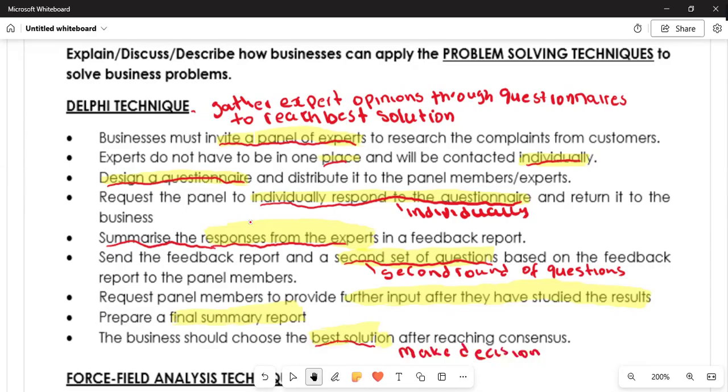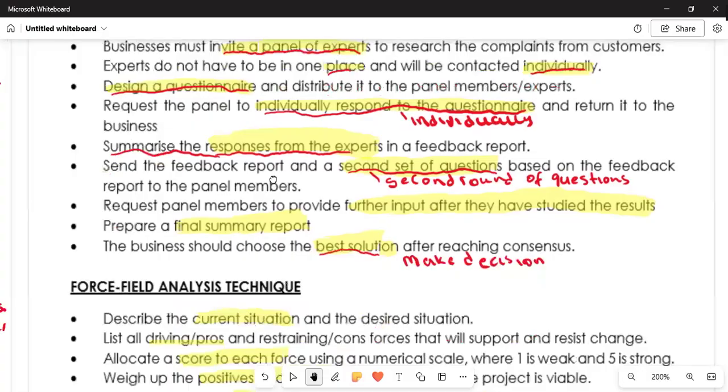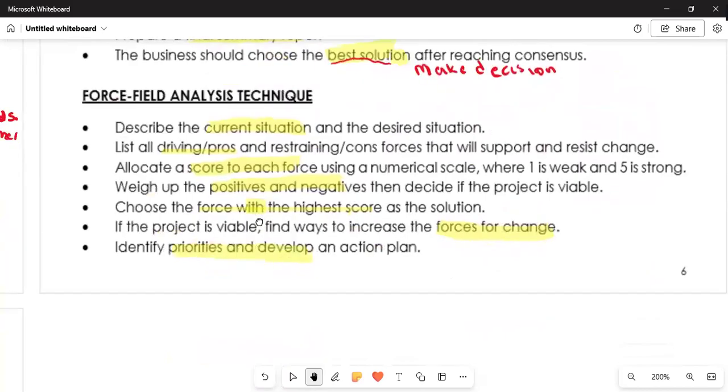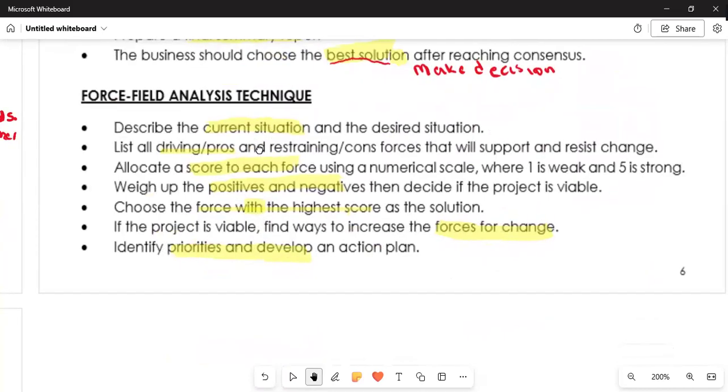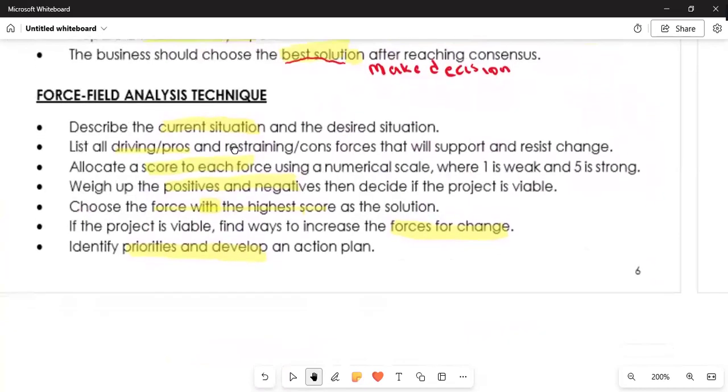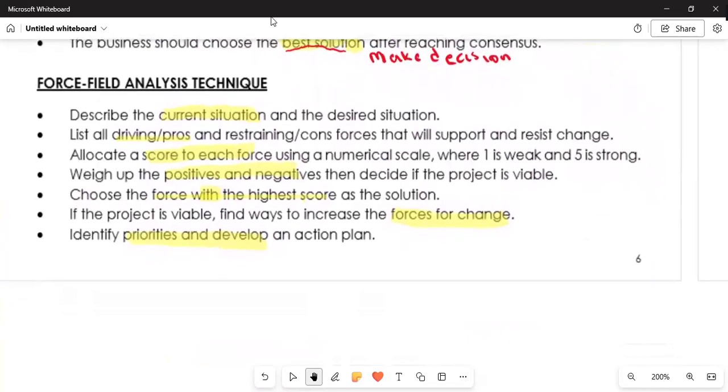So now we are going to move on to another technique, which is the force field analysis technique.